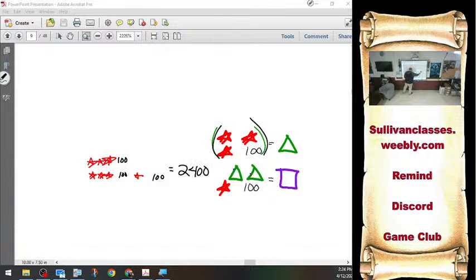If this stuff is a triangle, then how about I replace each of those triangles with all that stuff?